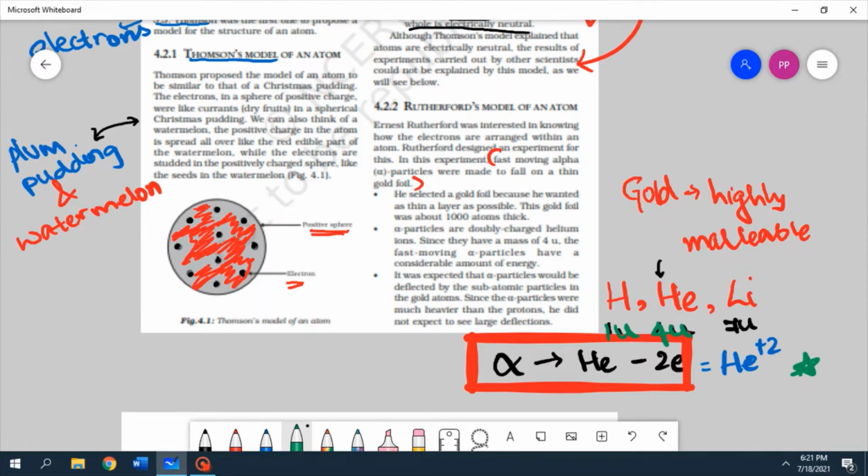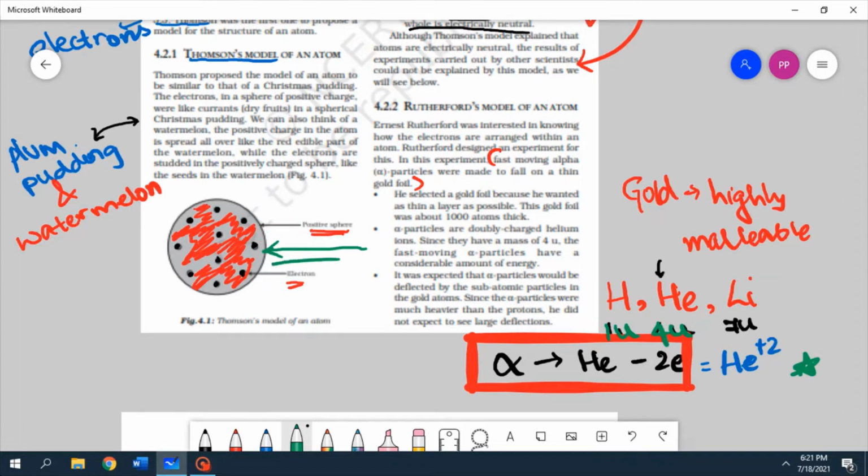So if you go by Thomson's model, if an alpha particle strikes an atom, because of the uniformly arranged electrons, almost all electrons are supposed to be deflected, right? When you have, let me switch colors here.